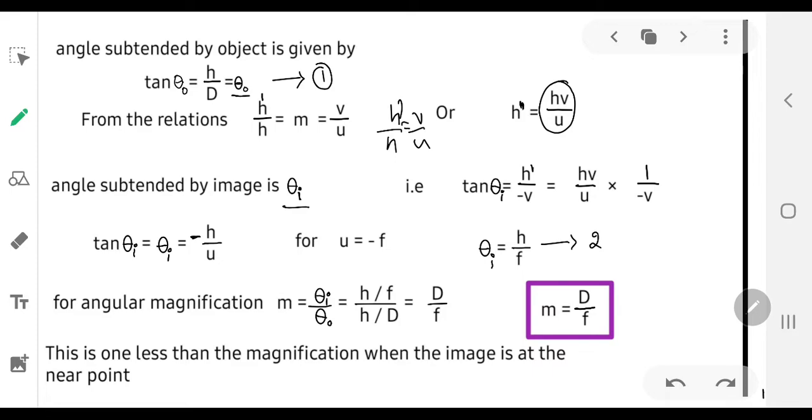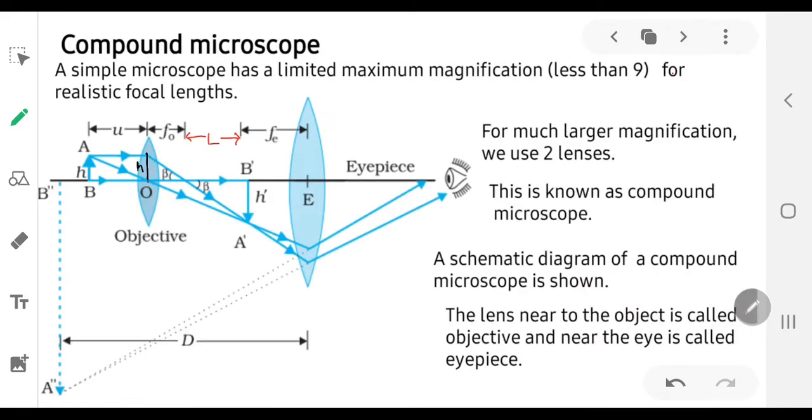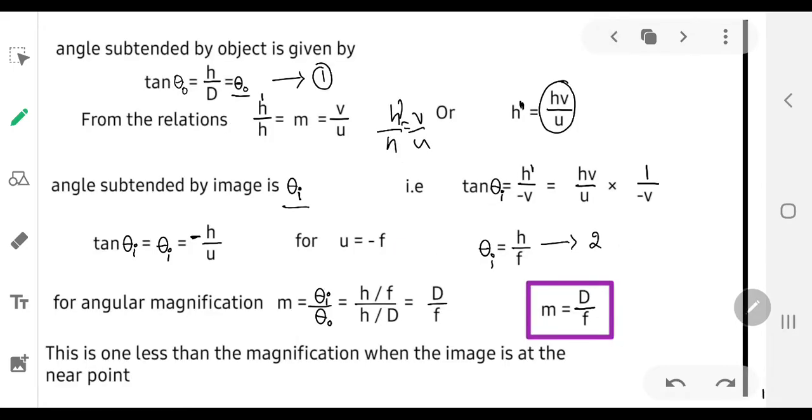Now this is about the simple microscope. Using the simple microscope, you can have only a limited magnification. At the most you can have a magnification of 9 or less for a realistic focal length. Realistic focal length means you can have a focal length of 5 or 4 centimeter. You cannot have a focal length of 1 centimeter so that you can have a magnification of 25, because m is equal to d by f.